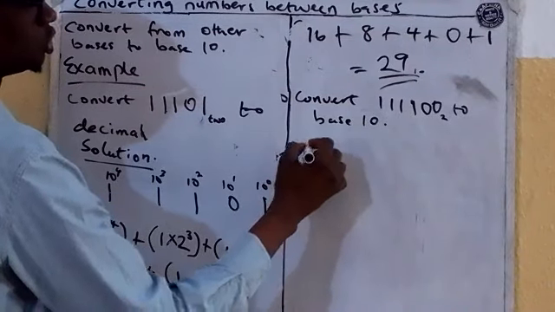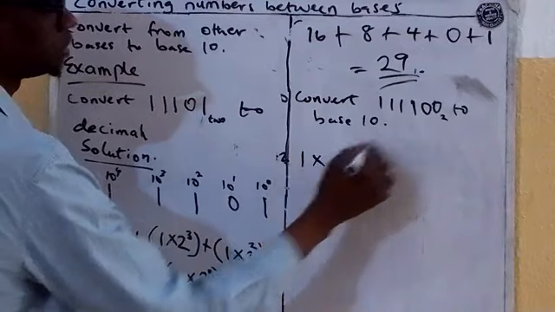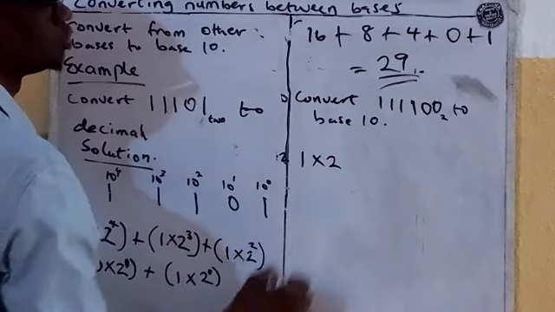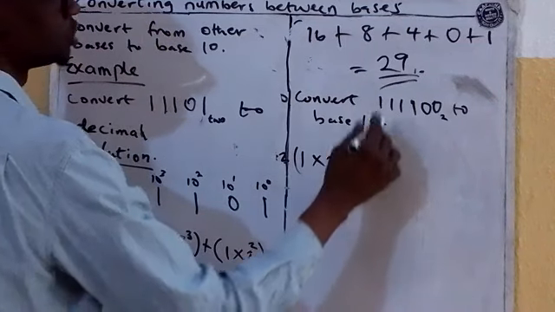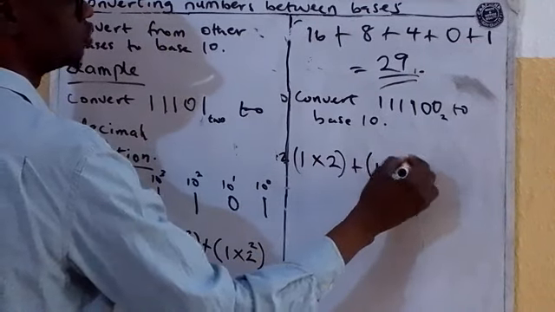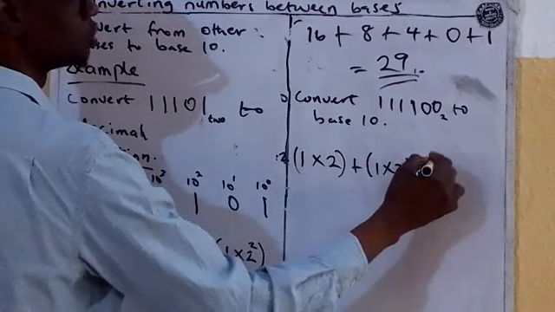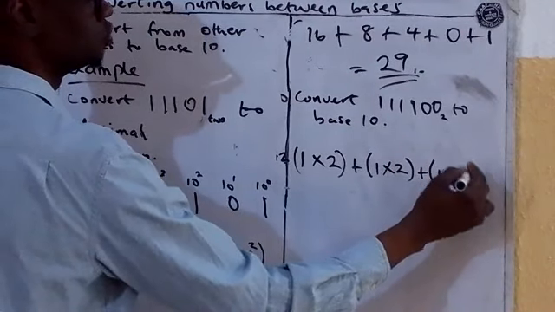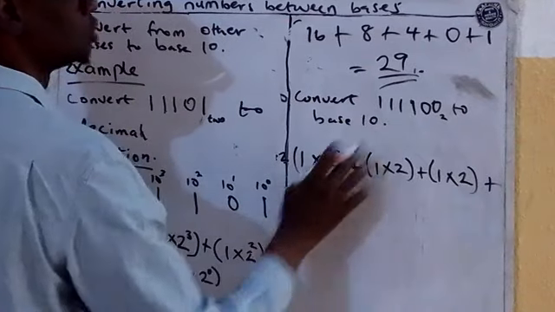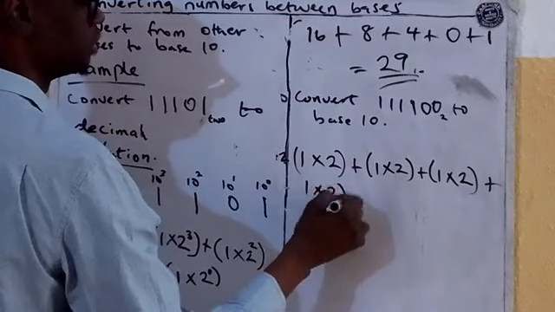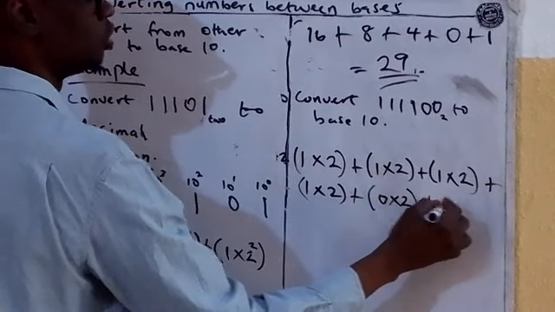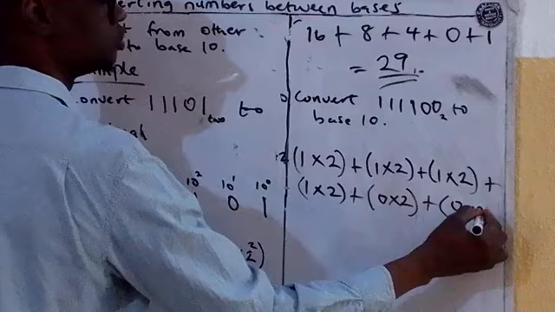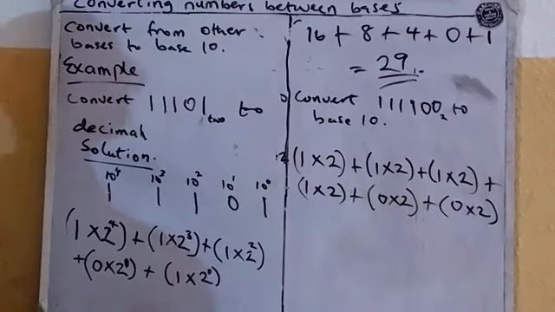Solution: just bring out this first one. 1 times 2, plus 1 times another 2, plus 1 times the third 2, plus the fourth one, 1 times 2 again, plus 0 times 2, plus 0 times 2.